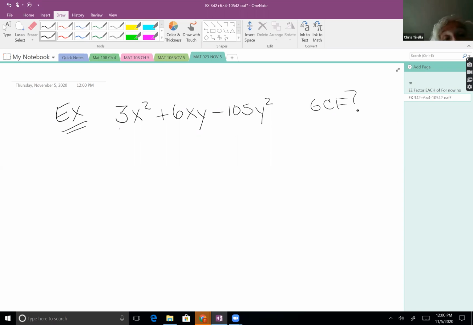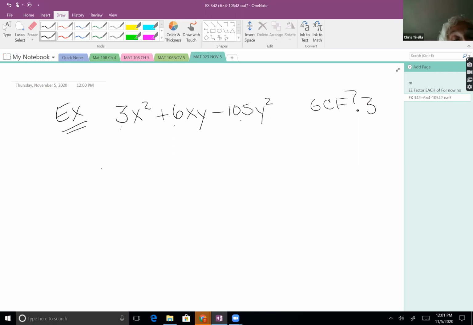Is there a number that goes into 3, 6, and 105 evenly? Three goes into 6. Does 3 go into 105? Yes. So my greatest common factor is going to be 3.